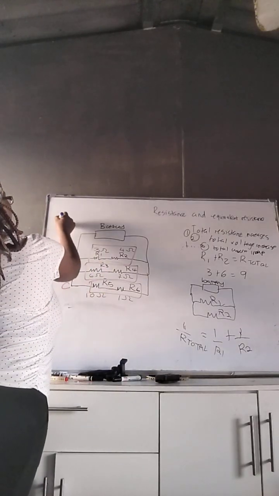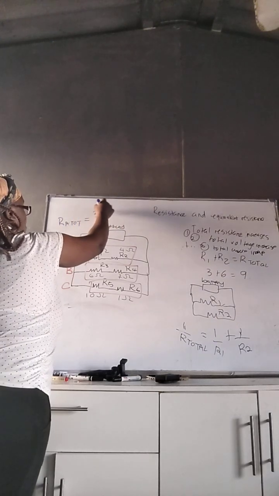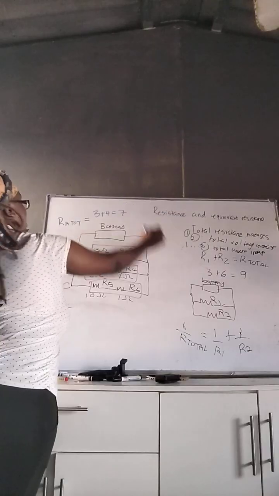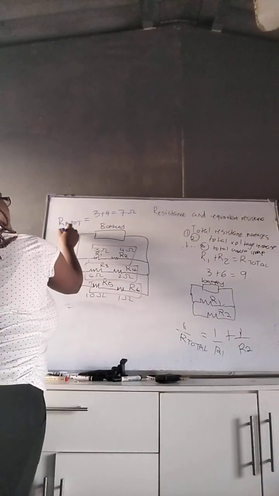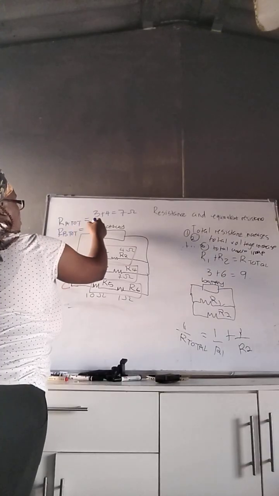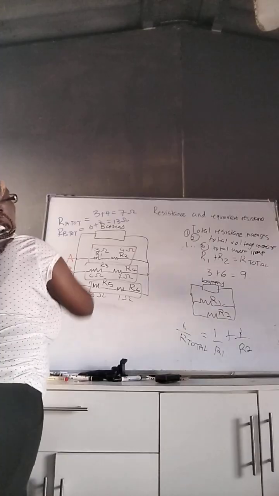So RA total is equal to 3 plus 4, which gives us 7 ohms. And then RB total is equal to 6 plus 7, which gives us 13 ohms.